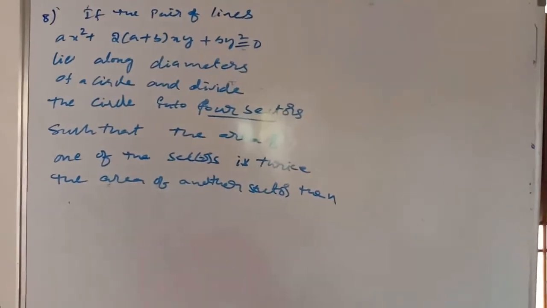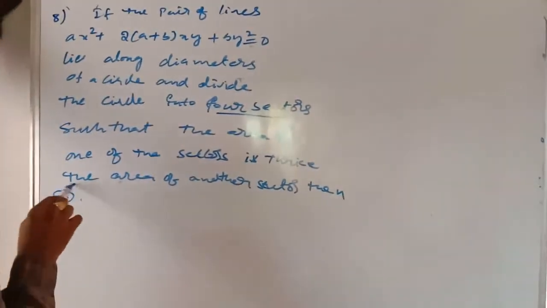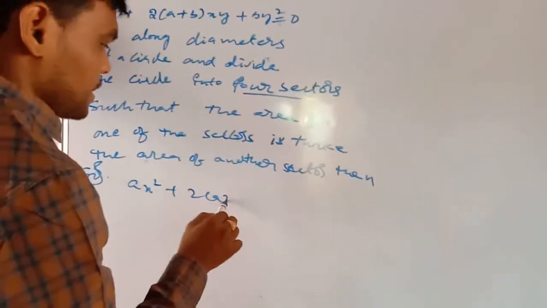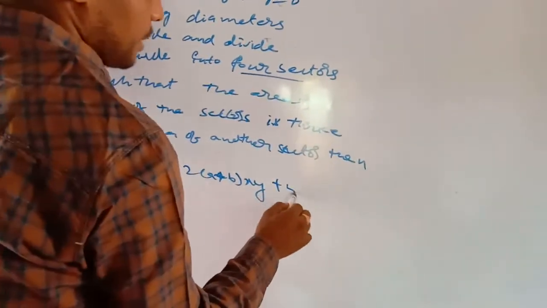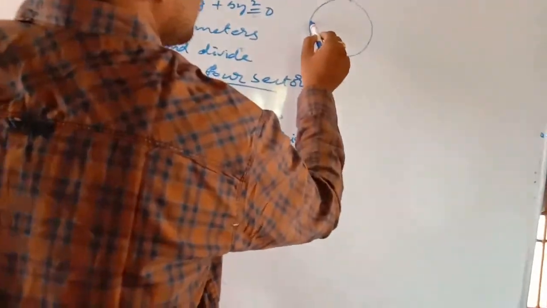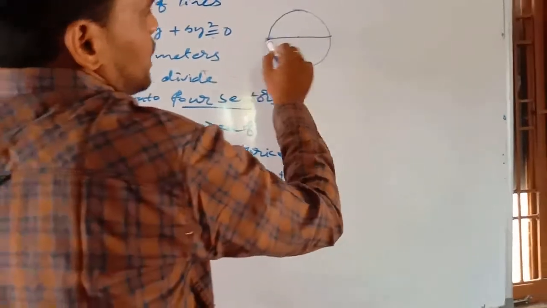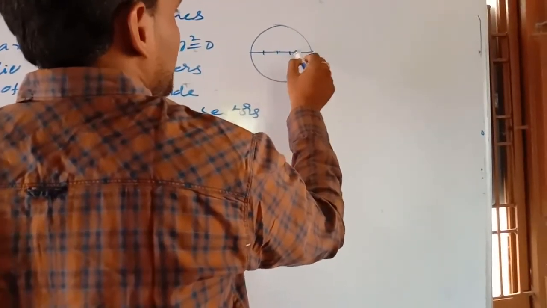Now here, if the pair of lines is ax square plus 2(a plus b)xy plus by square is equal to 0, and this is along the diameter of the circle. Now here the diameter of the circle; the line whose center lies on the line is called the diameter, and this gives 4 parts: 1, 2, 3, 4 parts.